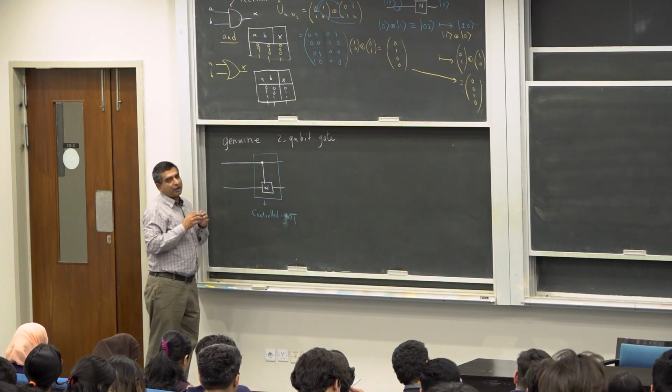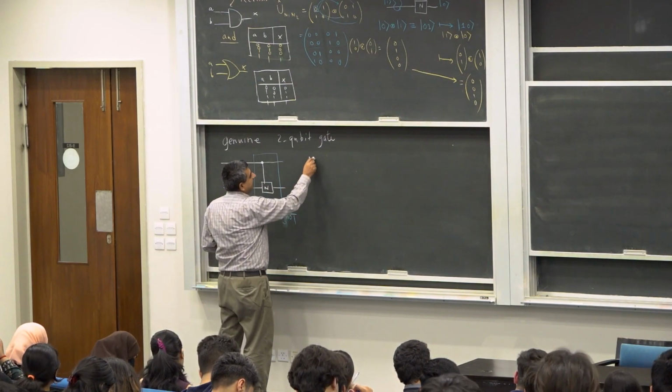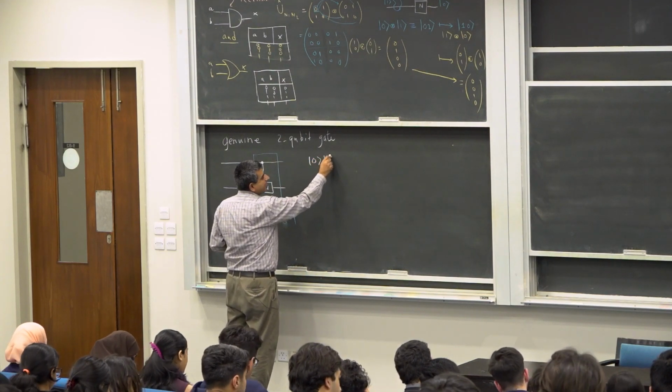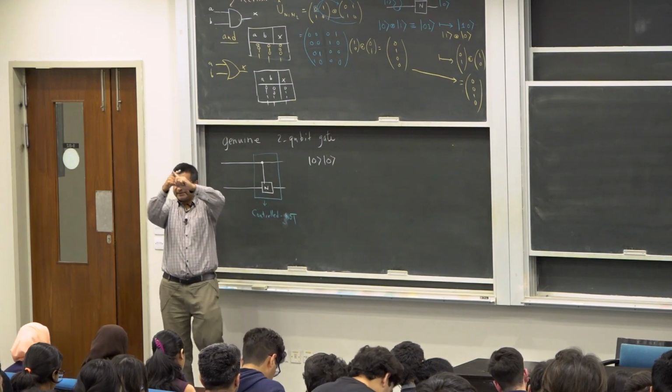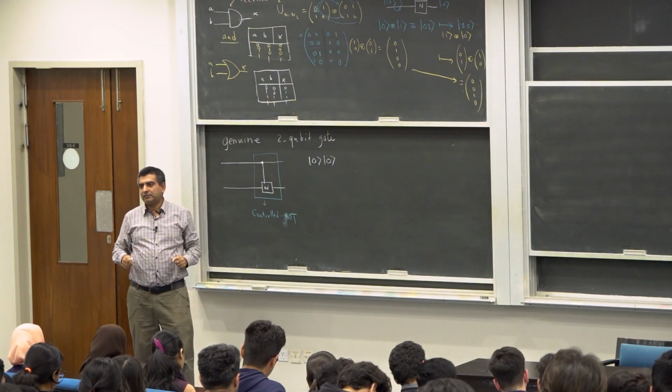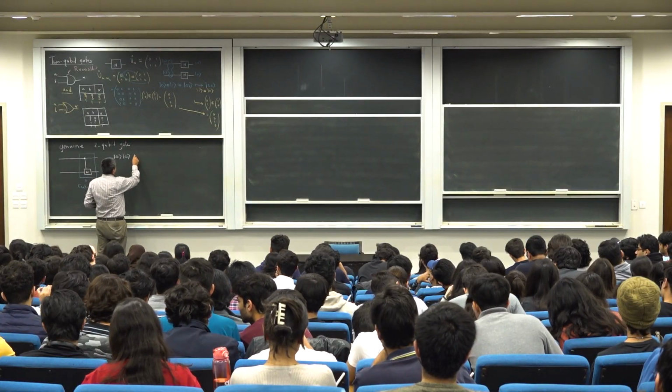The truth tables now, of course, are going to be in a quantum language. So if the input is ket 0, first qubit, second qubit, and I'm dropping off the tensor product sign. I know it exists, but I don't want to write it over and over again.